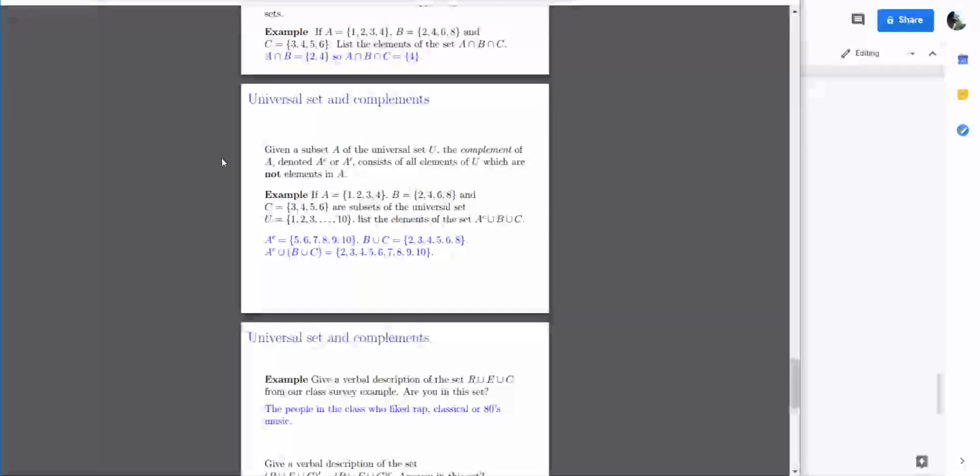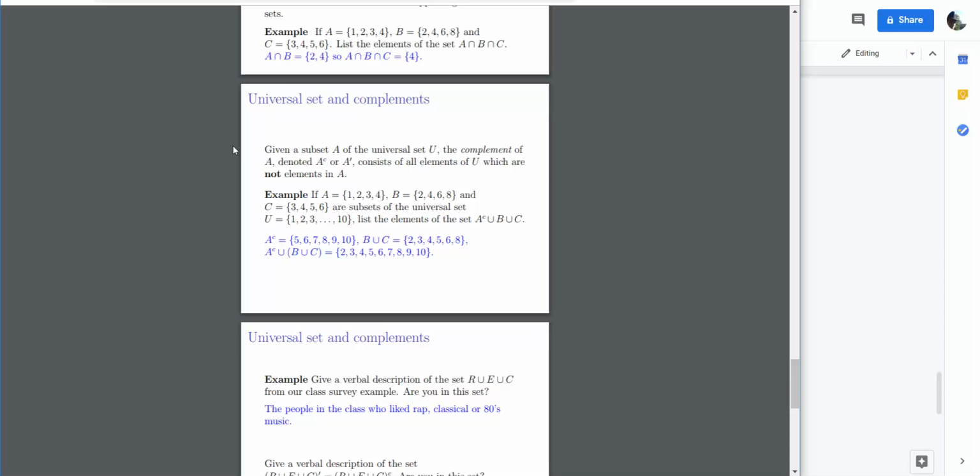Now, the complement, A complement union B union C. So we have A as 1, 2, 3, 4 and B as 2, 4, 6, 8. What's the universal set? The universal set is 1 to 10.